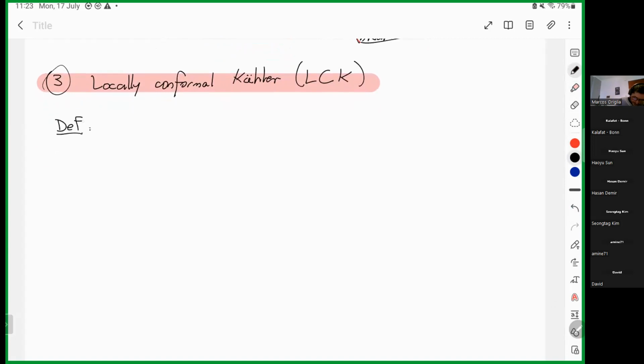So I think I will give a definition. Sometimes it's not the standard one, but I think it's clear because of the name.